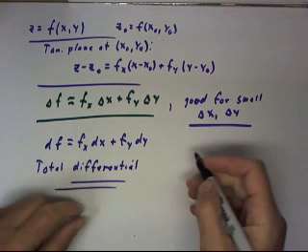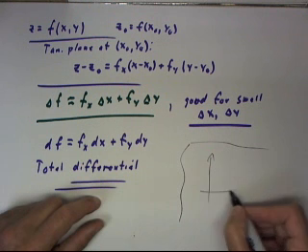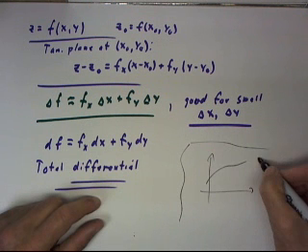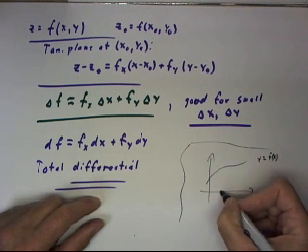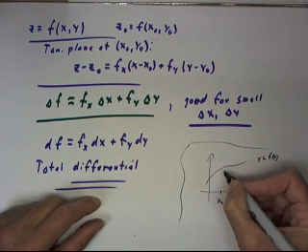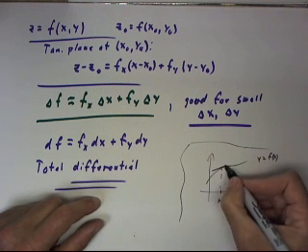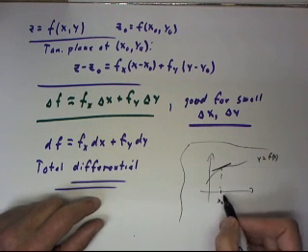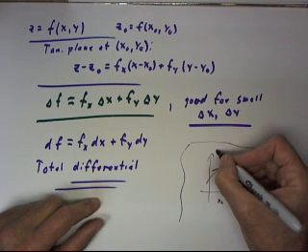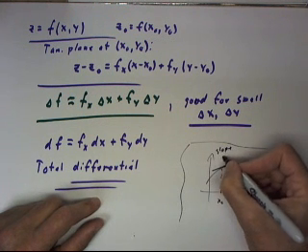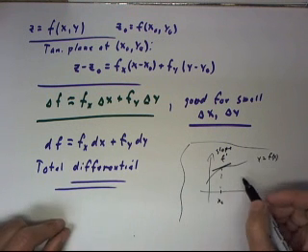Now, just to mention the analogy with a function of a single variable, if you have y equals f of x, then if you have some point x naught, the function temporarily follows the tangent line, which has slope f prime, the slope of a single variable.